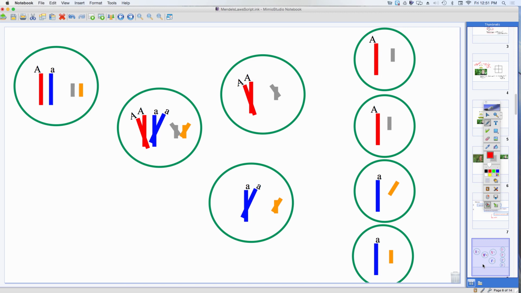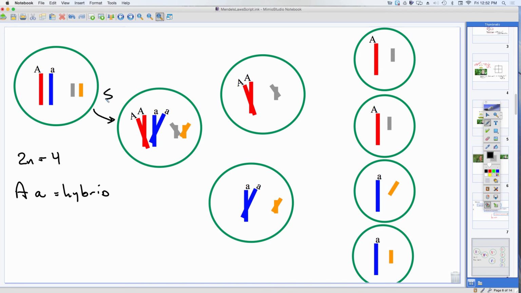So let's look at what might occur in meiosis, and let's look at the trait that's coded for by the letter A. And so I would like to point out to you that we are looking at a cell where the diploid number is equal to 4, and the blue and red chromosome are holding genes for a trait that we're representing by the letter A, where the red chromosome has a big A, and the blue chromosome has a little a, and we could say that big A, little a is hybrid for a trait.